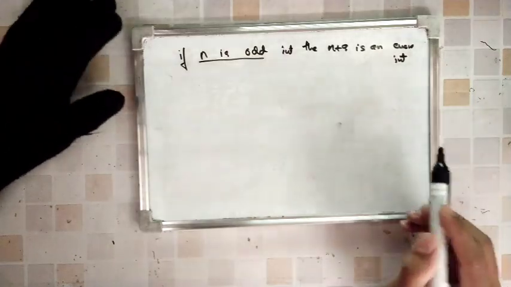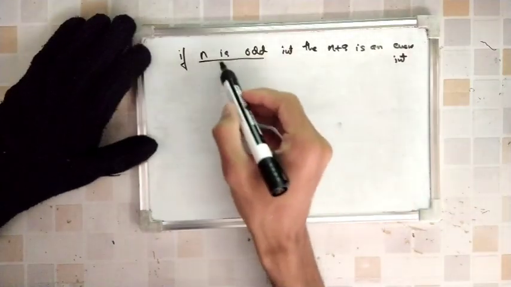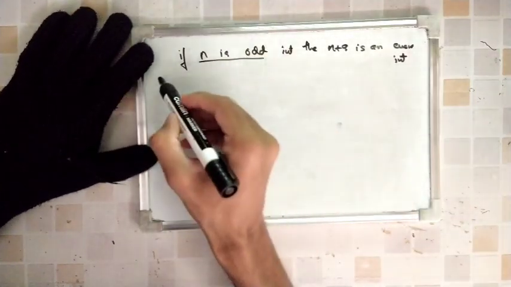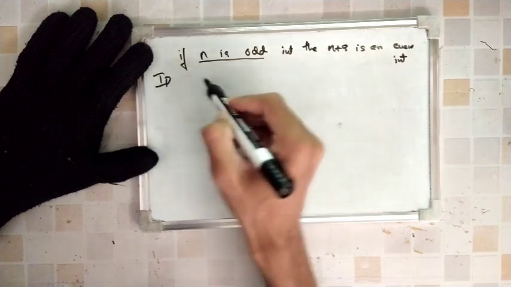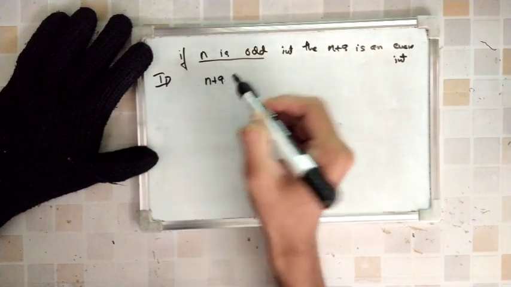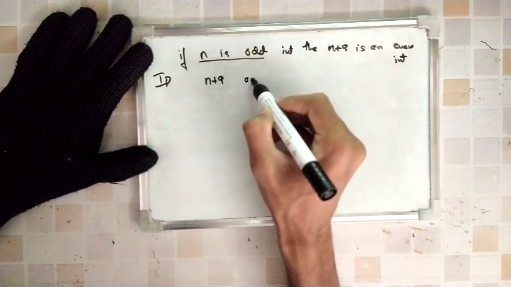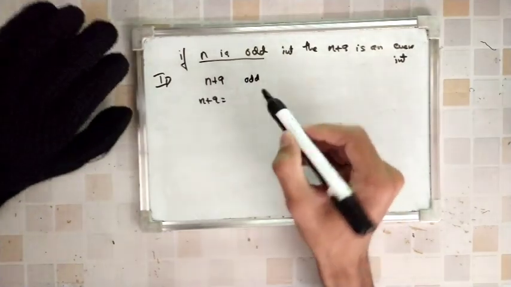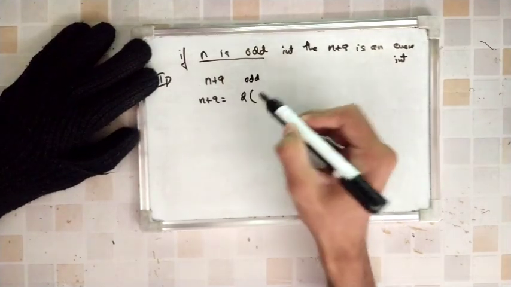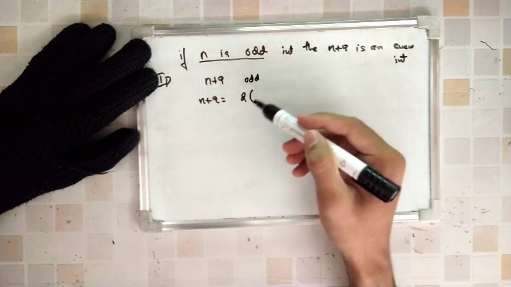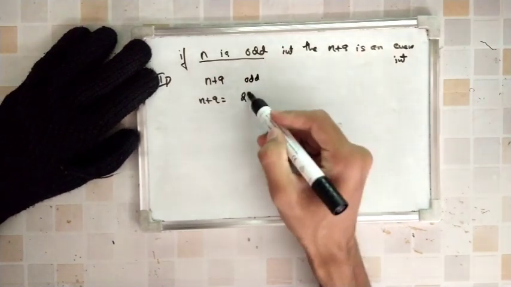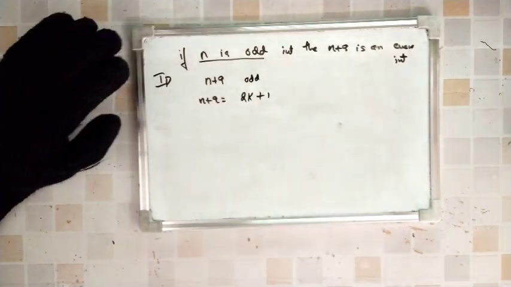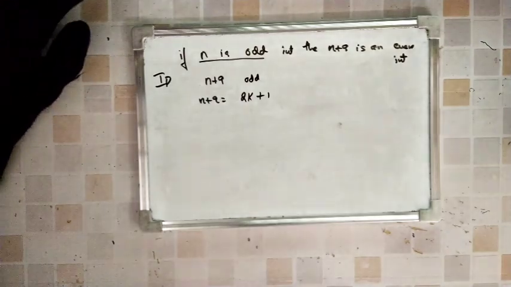Then the indirect proof. In direct proof we assumed n is odd. In indirect proof I assume n plus 9 is odd, which means n plus 9 equals 2k plus 1, the same thing we did here.